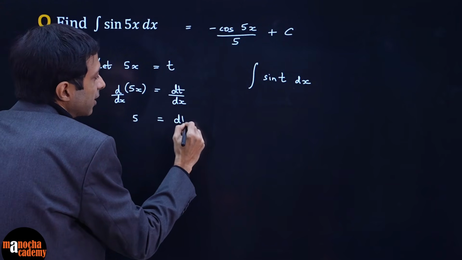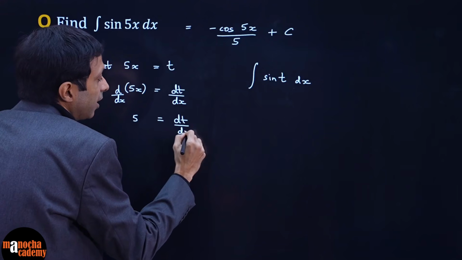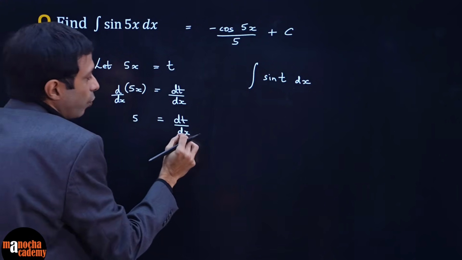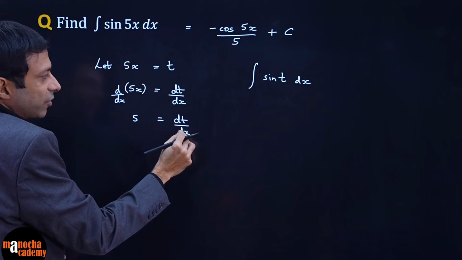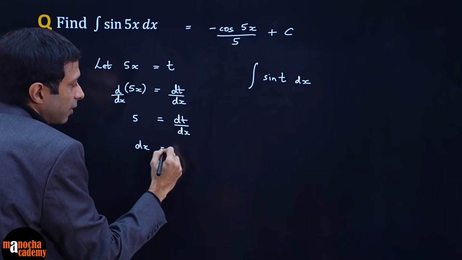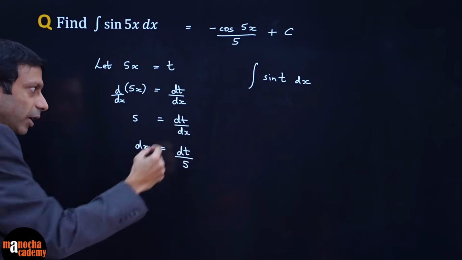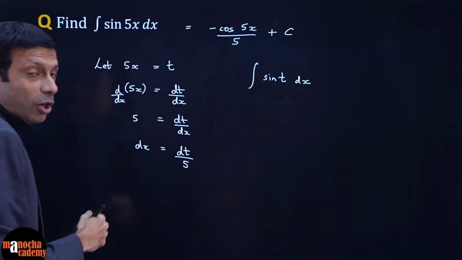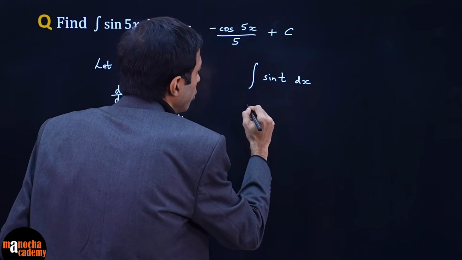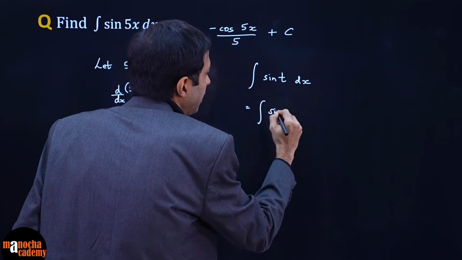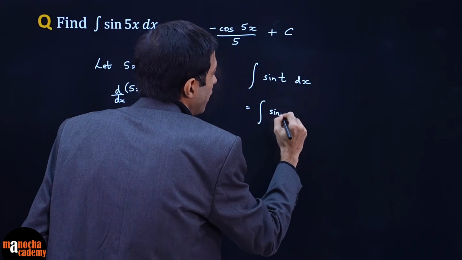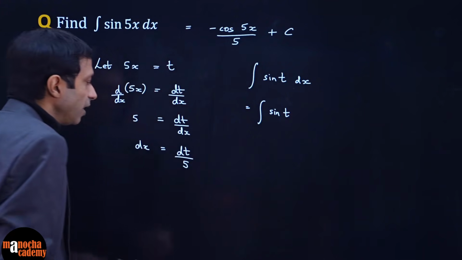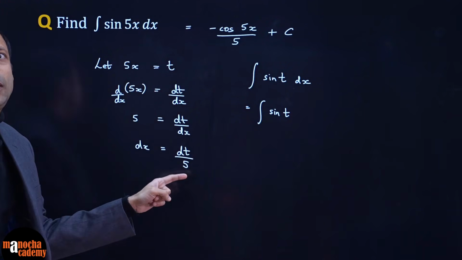So 5 equals dt/dx. Now we want dx, so dx is dt by 5. Yes, you can take it like a fraction. So now see what I'm going to do. Integration of sine t, because we substituted 5x as t, and the dx you need to replace with dt by 5.